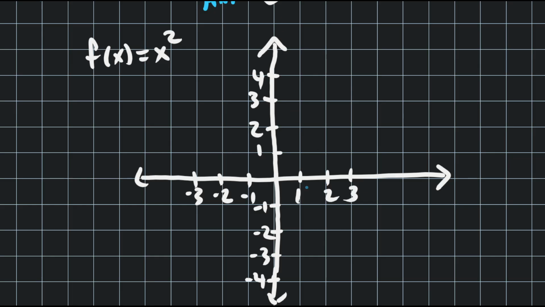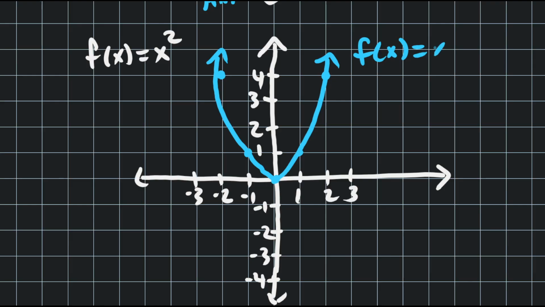To graph this parabola, we start at (0, 0), (1, 1), (2, 4), then (-1, 1), (-2, 4), and the parabola is going to be curved like that, and curved the other way too. Okay, so we have this parabola, f of x equals x squared.